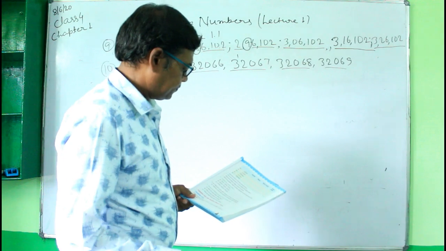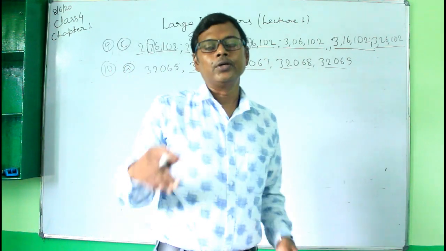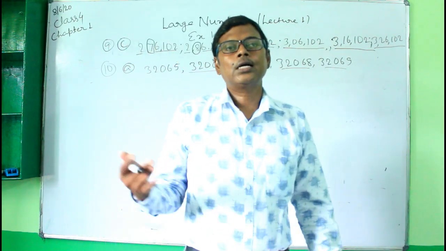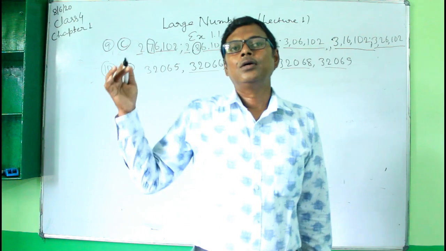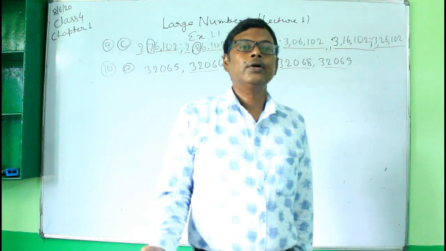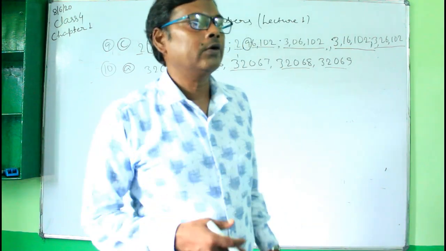The next is write 5 consecutive numbers coming just before. Coming just before means you have to write the predecessor, that is counting backwards. Like 10, 9, 8, 7, 6, 5, 4, 3, 2, 1 and so on. So that is counting in the backward direction.